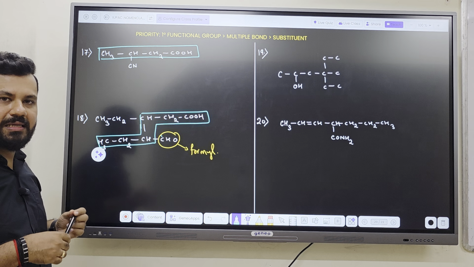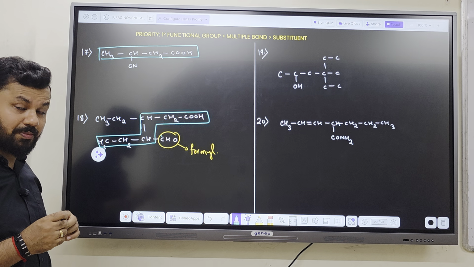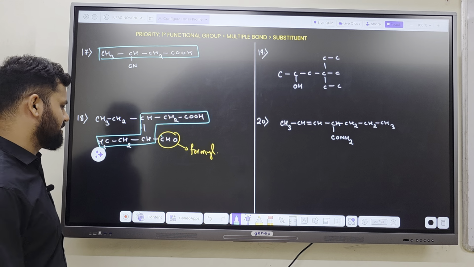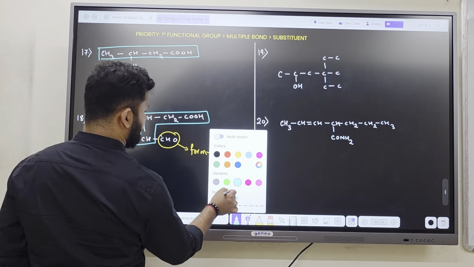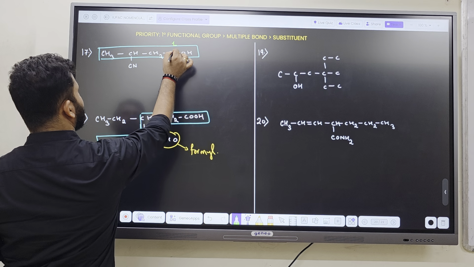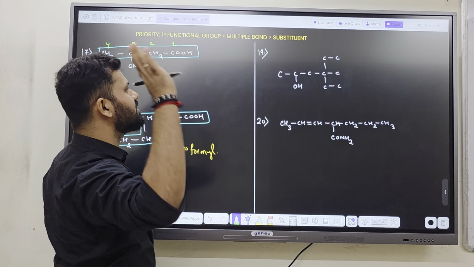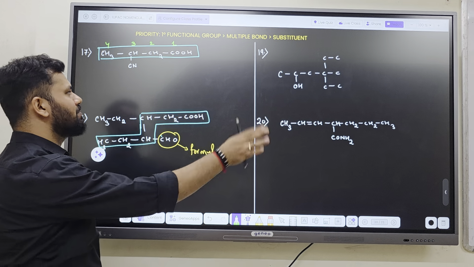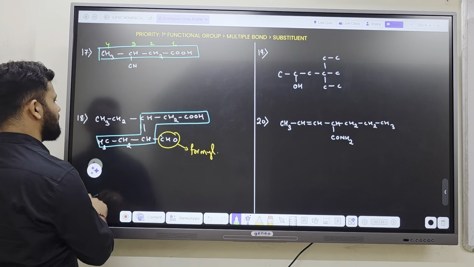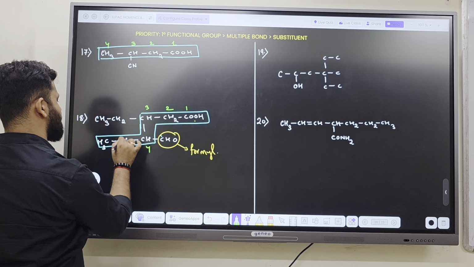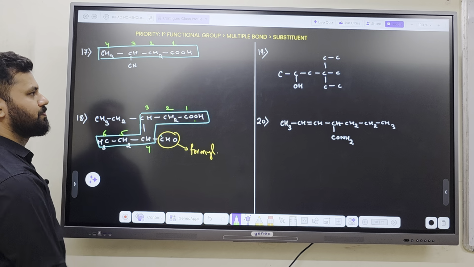Cyanide is either your primary functional group, and if it is not, then you leave it outside PCC. Fine. How to number? Quite simple. You assign minimum number to the functional group. And I told you also, if only one COOH is present, start numbering from that carbon. Is there only one COOH? Yes, sir. Start numbering from there. Very easy.